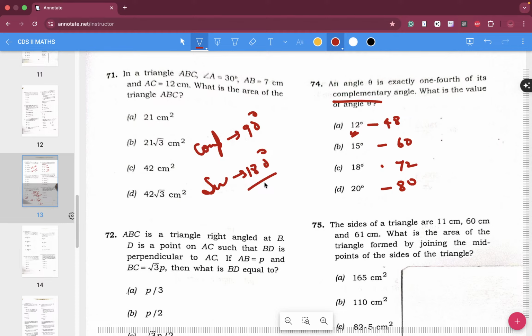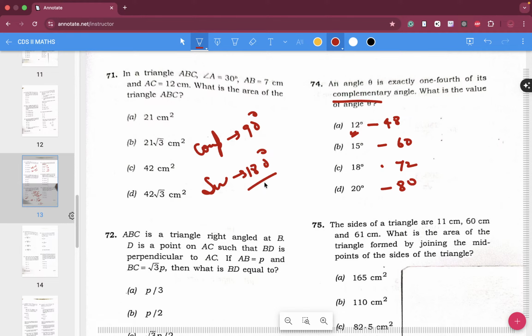If an angle theta is exactly 1/4 of its complementary angle, what is the value of angle theta?